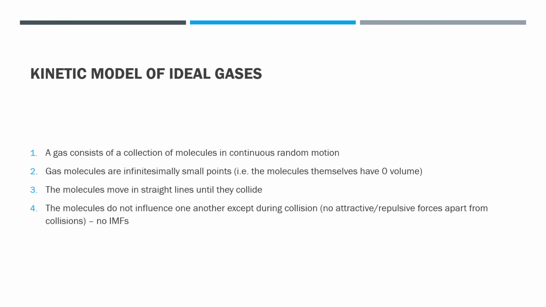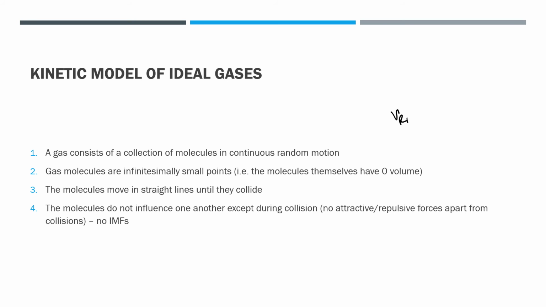Okay, and now finally I want to talk about the kinetic model of ideal gases. This is what everything builds up to, and this model tells us everything we need to know about an ideal gas. We can actually use this model, this kinetic molecular theory, to derive the formula for the RMS speed of ideal gas molecules, and this is done in another one of my videos, right?